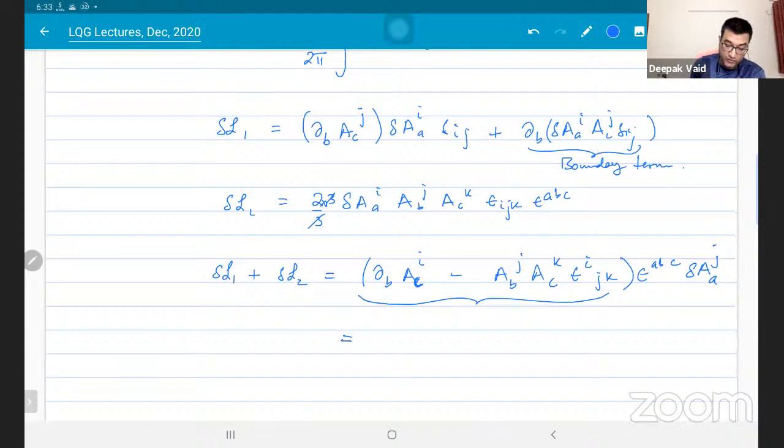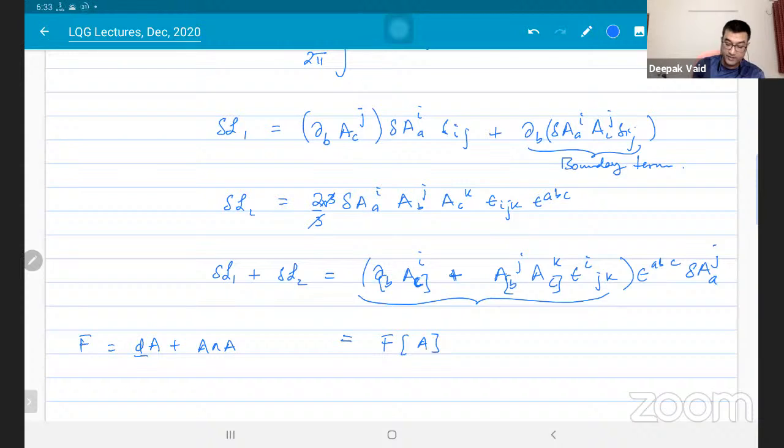But the main thing is that if you look at this expression, and there's anti-symmetrization over these A's, this expression is nothing more than the curvature of this connection. The curvature has this form. If you write it as a differential form, it looks like this, where this is the exterior derivative and this is A wedge A. That is exactly the expression that you get when you perform a variation of this Chern-Simons Lagrangian density.